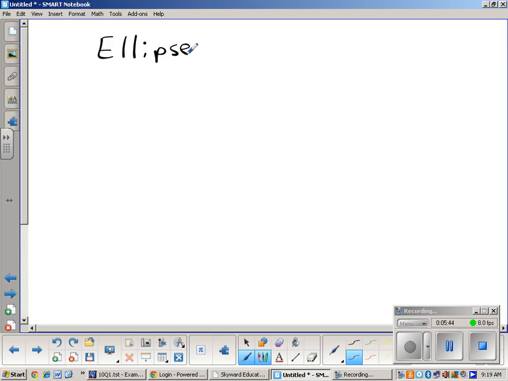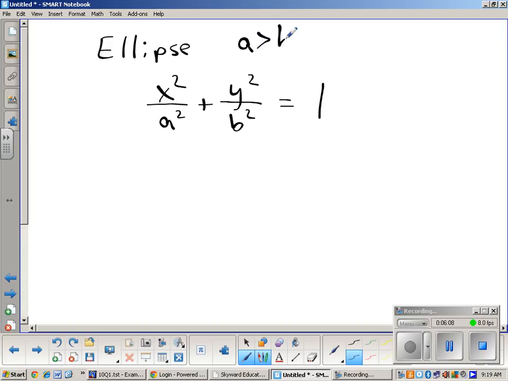We have a couple different models for ellipse. We have one where it's x squared over a squared plus y squared over b squared equals 1. And remember that a is always bigger than b when it comes to an ellipse. A is always bigger than b when it comes to an ellipse. Okay?